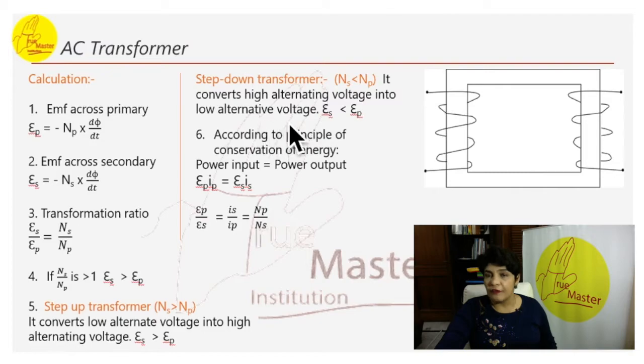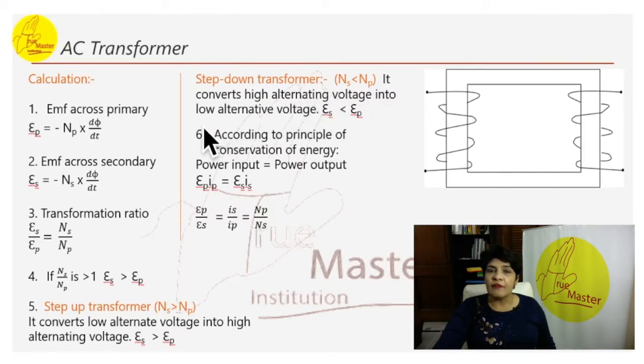We have just discussed mobiles. The mobile needs not 220 volts, it needs only 3 volts. So in this case, we are going to use a step down transformer. What is the difference between the two? The difference is the number of turns in the coil. See, NS is less than NP in a step down transformer.